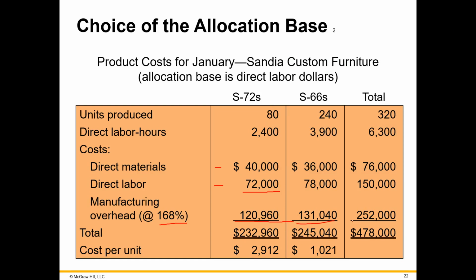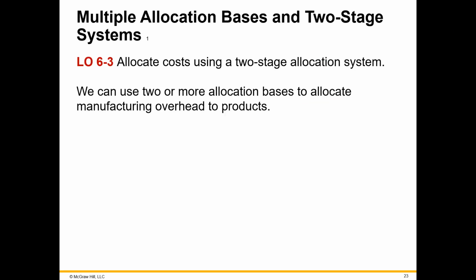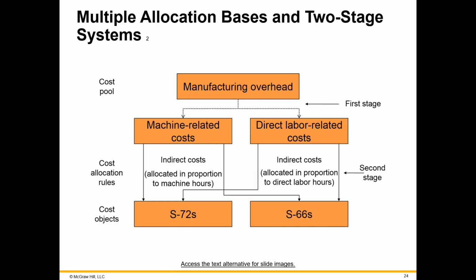Sometimes there can be multiple steps to these allocations. In this example, they took the overall manufacturing overhead, then they divided it into machine-related cost and direct labor-related cost. Then they decided that machine-related cost is probably more directly related to machine hours, so they allocate machine-related cost based on machine hours, and then for the direct labor-related cost, they allocate it based on the direct labor hours.